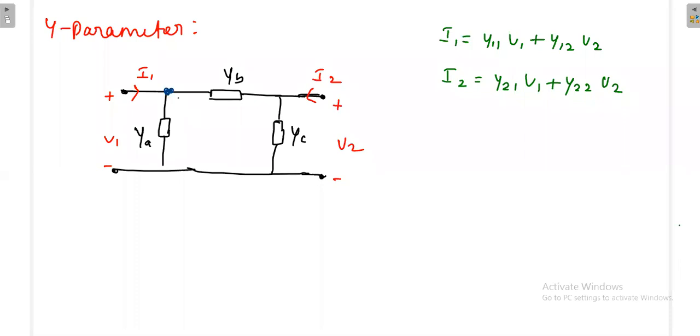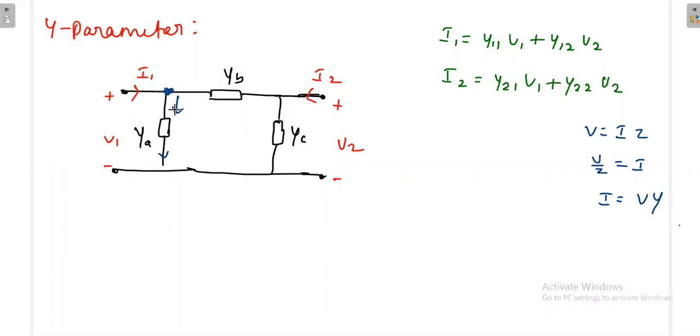It is simply V1 divided by the impedance, but it is given as an admittance. Generally V is equal to IZ, or V by Z is equal to I, then I is equal to Vy. So whenever you have an admittance and want the current through it, simply multiply the voltage across it with that admittance.